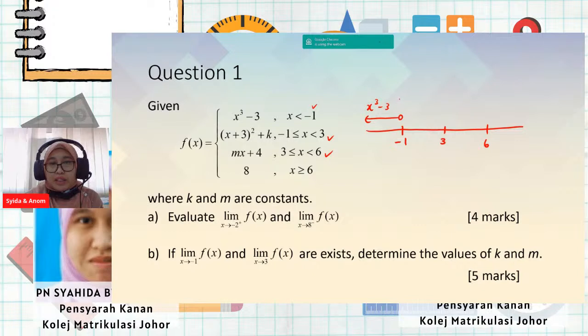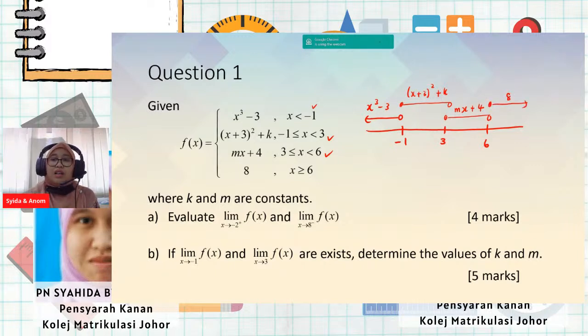From -1 to 3, the function is (x plus 3) squared plus k. And then from 3 to 6, mx plus 4. And then x greater than or equal to 6, we have it here.